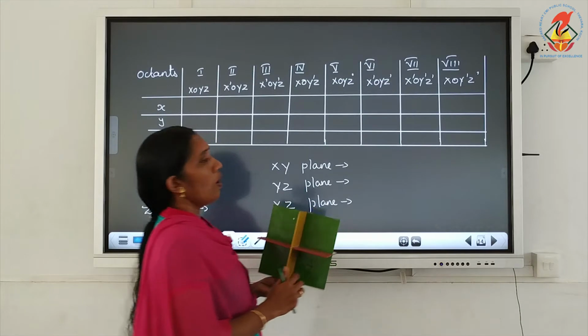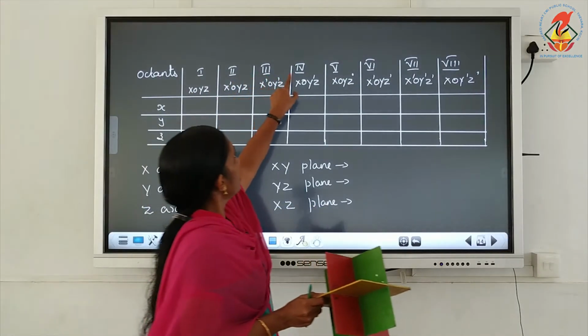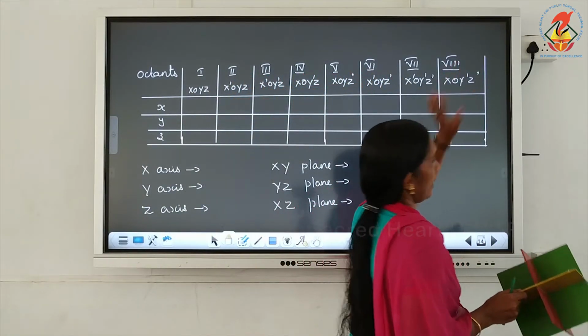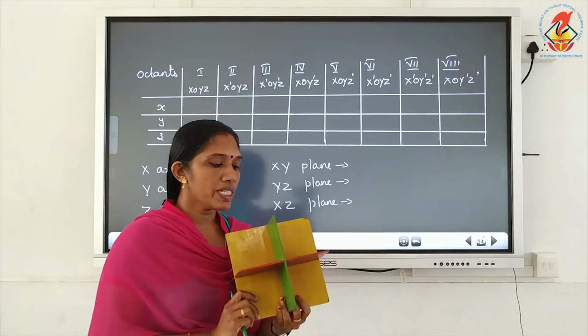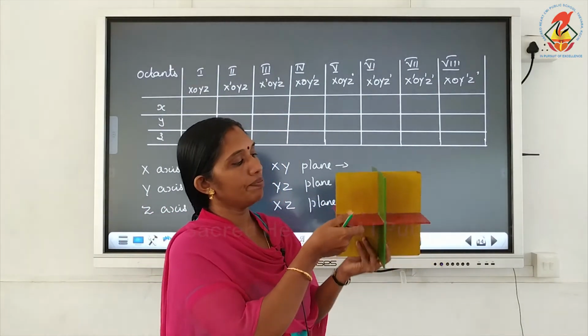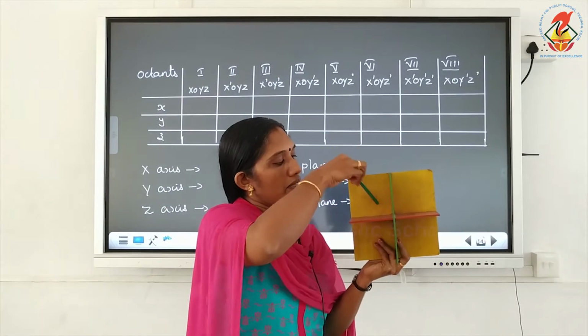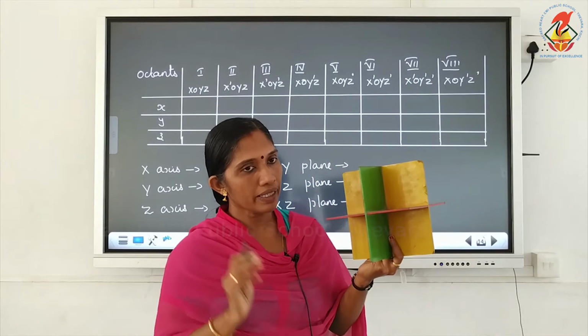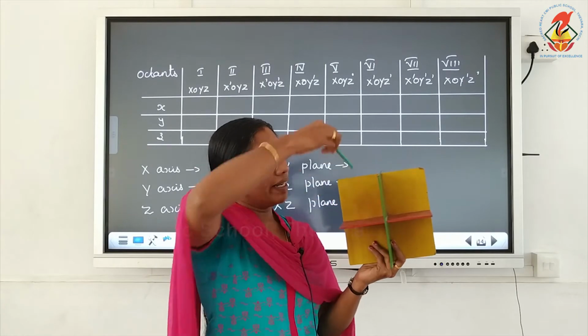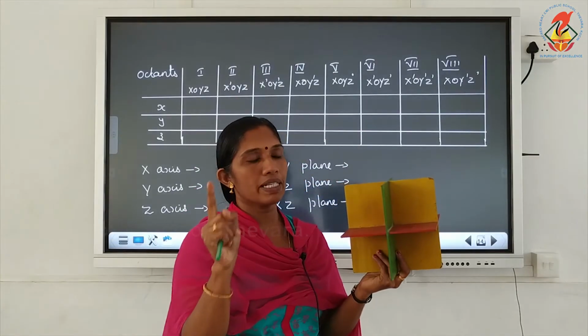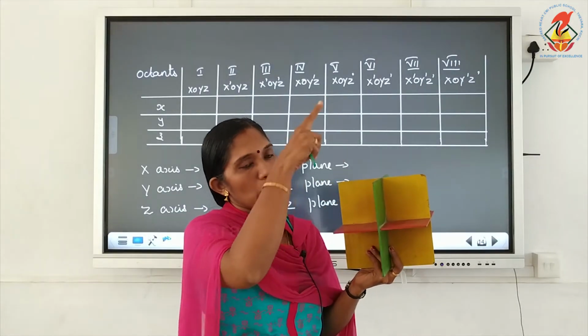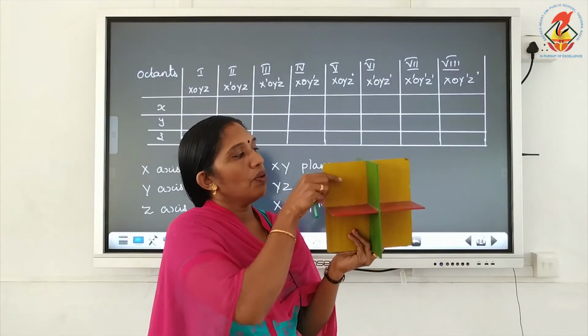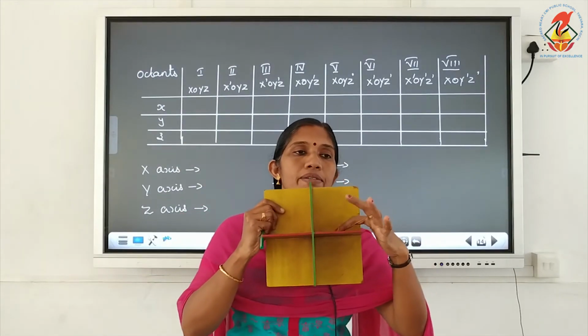So look here, octants 1, 2, 3, 4, 5, 6, 7, 8. What about the first octant? This red horizontal line represents the x-axis, the green line represents the y-axis, and the yellow one the z-axis. So the first octant is this.